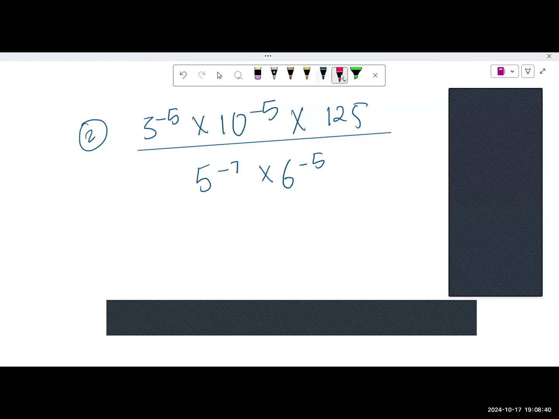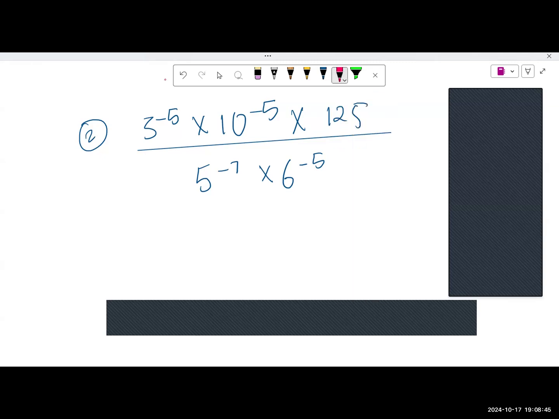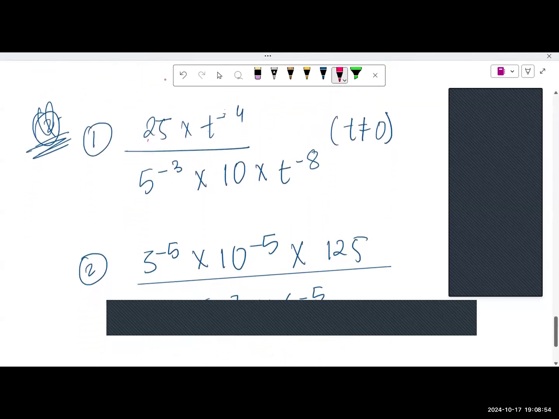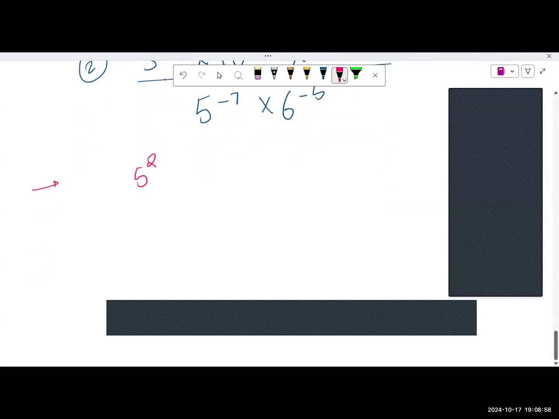Okay, what are the answers? First one, we can break down 25, which will become 5 square into t to the power negative 4 by 5 to the power negative 3 into 10 into t to the power negative 8. Now for t, you have negative 4 and negative 8, so that will be subtracted.